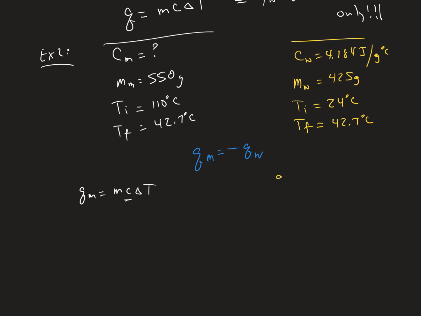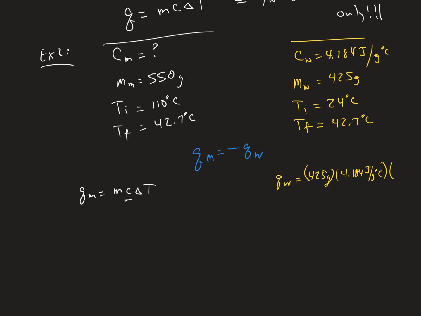So let's do Q of the water is equal to the mass of the water, 425 grams, multiplied by the specific heat of the water, 4.184 joules per gram degree Celsius, times the change in temperature.